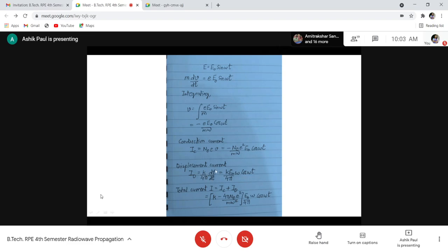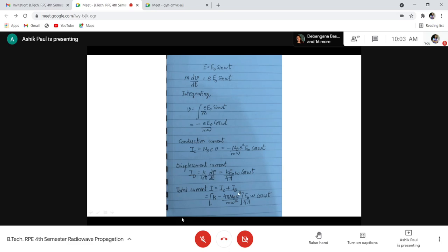And if you perform the differentiation of this electric field with respect to time, then you get K E naught by 4 pi omega cos of omega t. Okay. So this is the conduction and that's the displacement current.